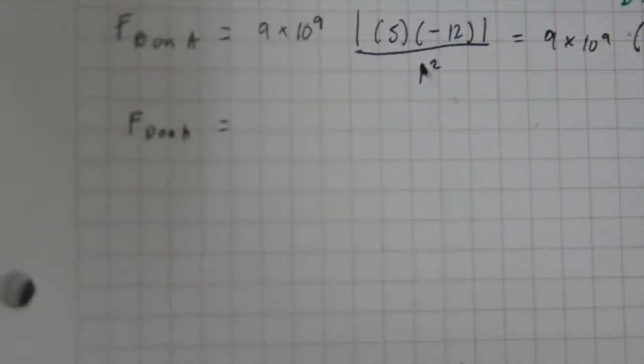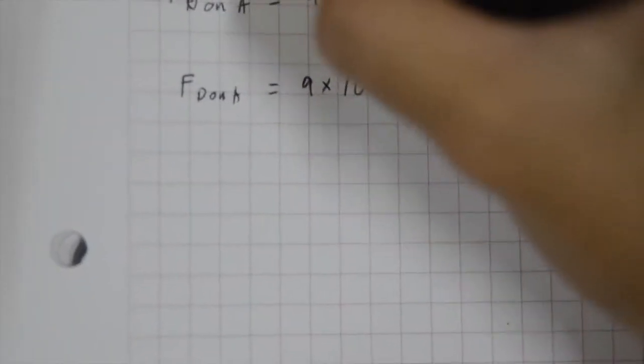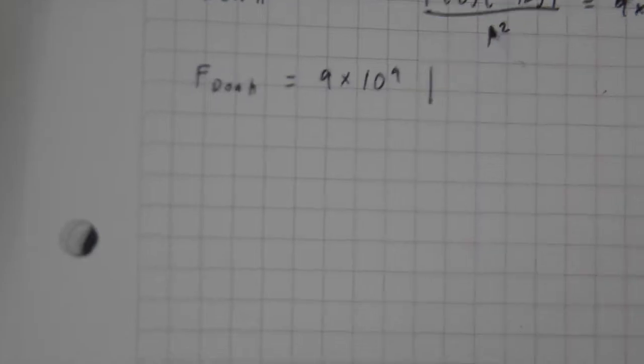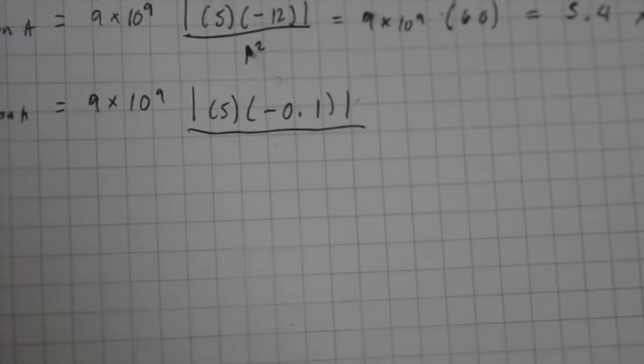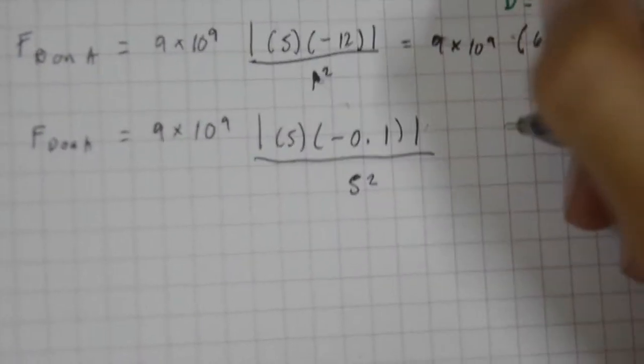So we have 9 times 10 to the 9th, then A, which is 5, then D, which is negative 0.1, over the distance between them, which is 5, so 5 squared.